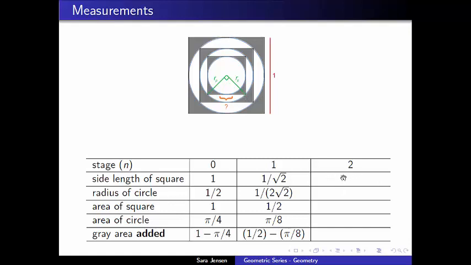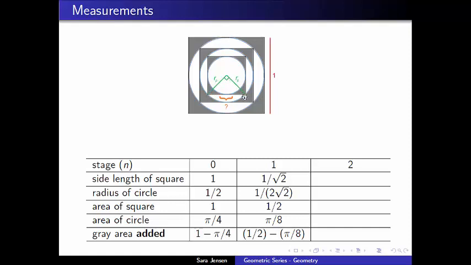And all of this work we're going to do right away is just going to be to get us the value that goes right here. Once we have the value for the side length of the square, the rest of this column will fill in in a very straightforward manner. So the way that this will work in general is we're going to draw in this triangle that we have shown in green right here.